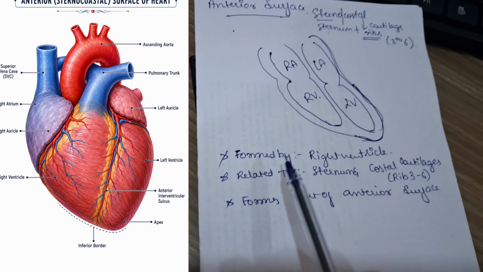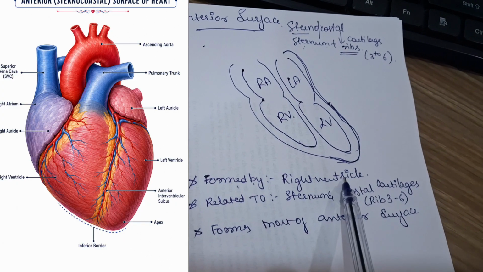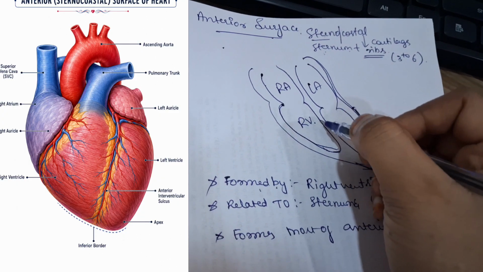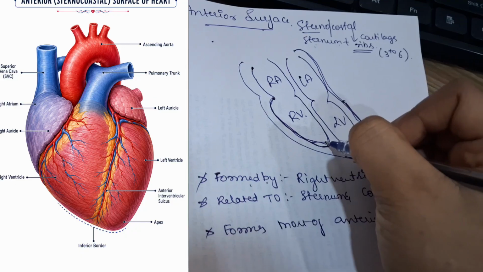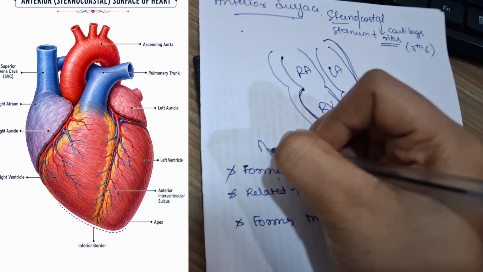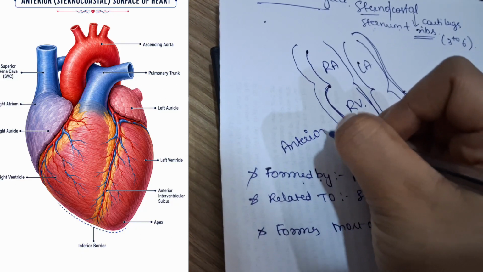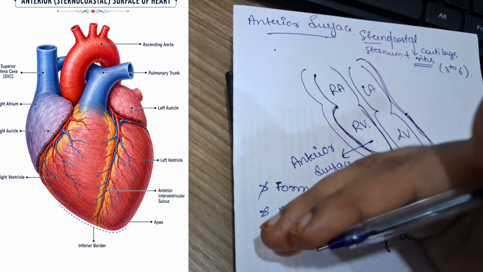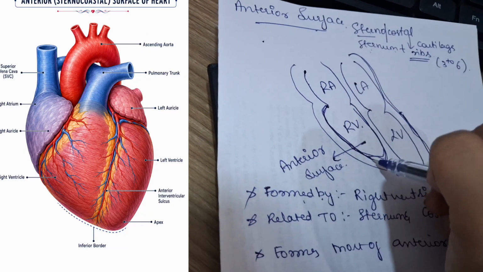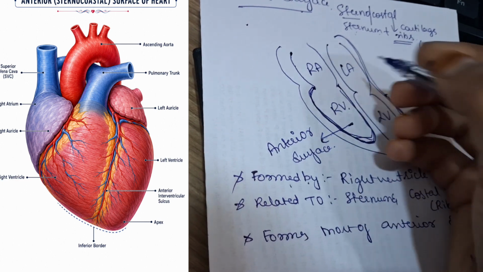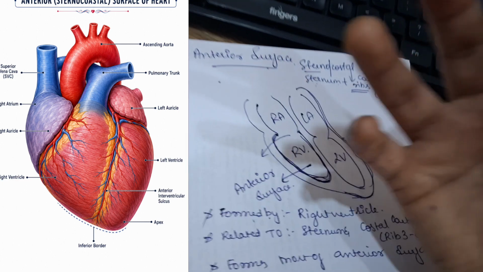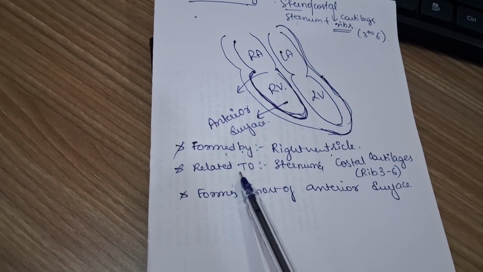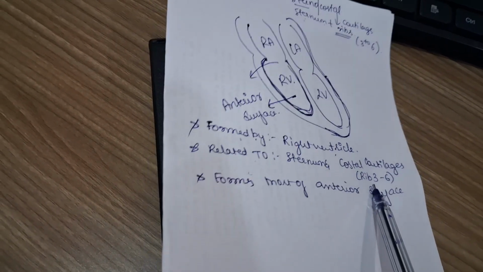Understood? So it is mainly formed by the right ventricle. If we roughly draw a diagram, this is the right ventricle, so this is the anterior surface. The surface of the heart where the right ventricle is present is called the anterior surface. This is mainly formed by the right ventricle, which is related to the sternum and costal cartilages, ribs 3 to 6.